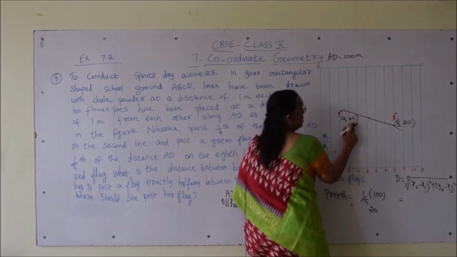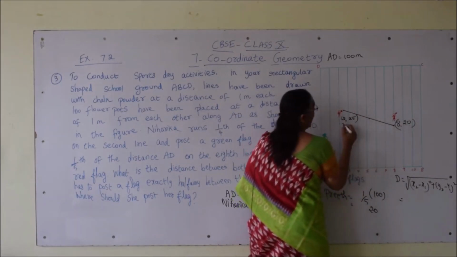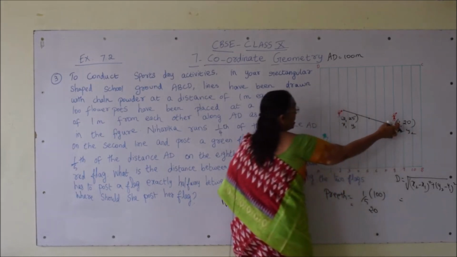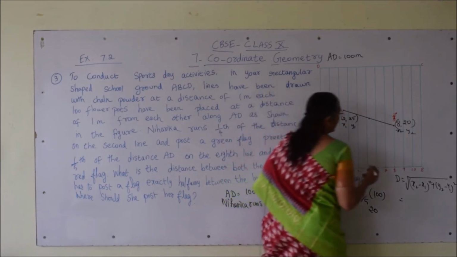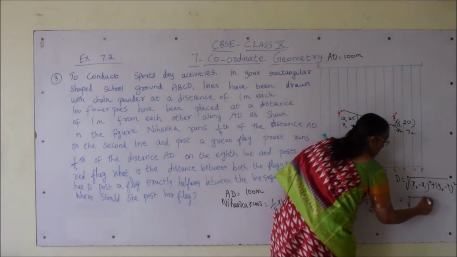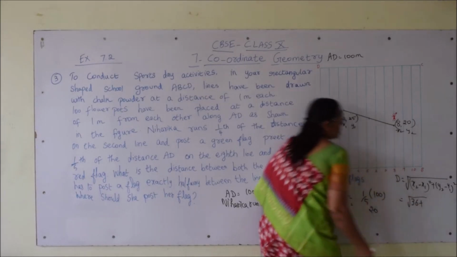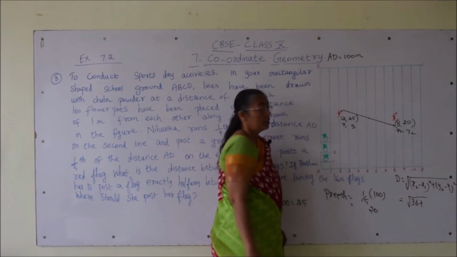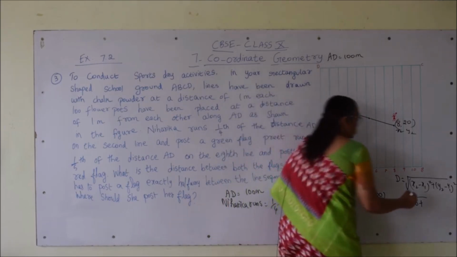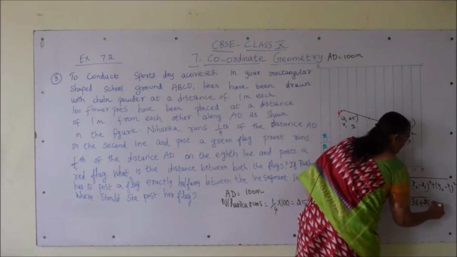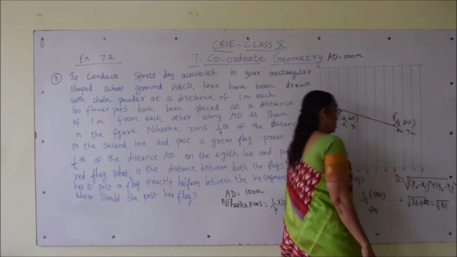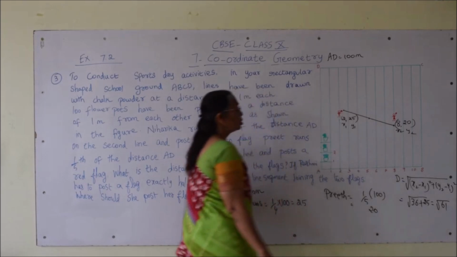So x2 minus x1 is 8 minus 2, 6, square, which is 36, plus y2 minus y1, 20 minus 25, negative 5, whole square, so it will become plus 25. So root 61 is the distance between the two flags.